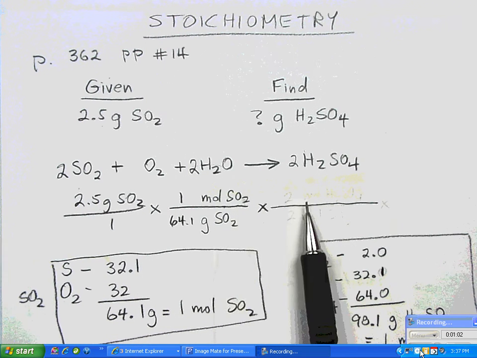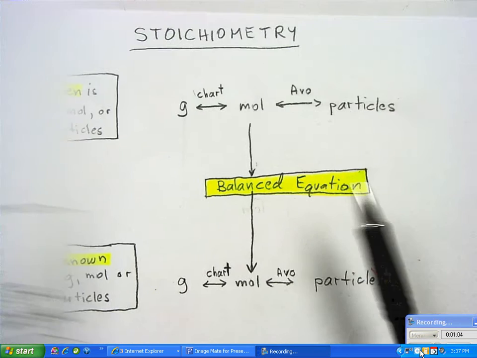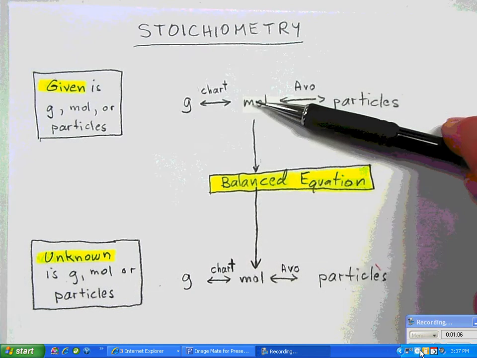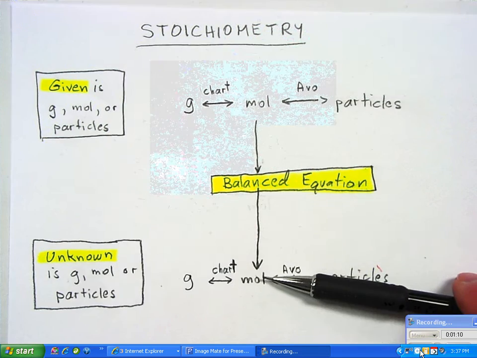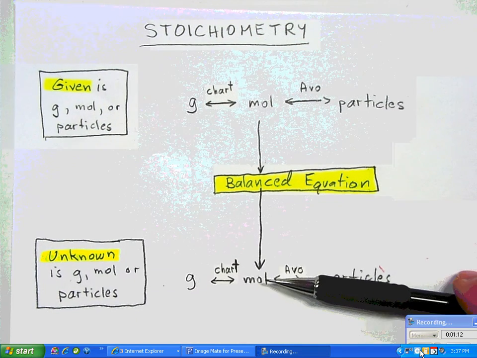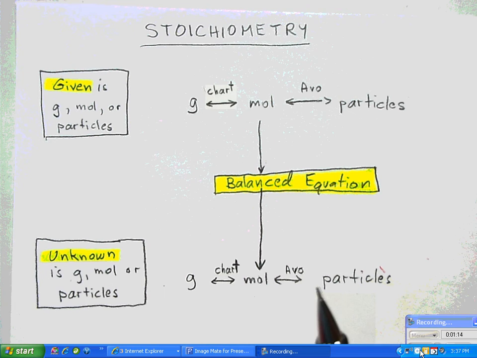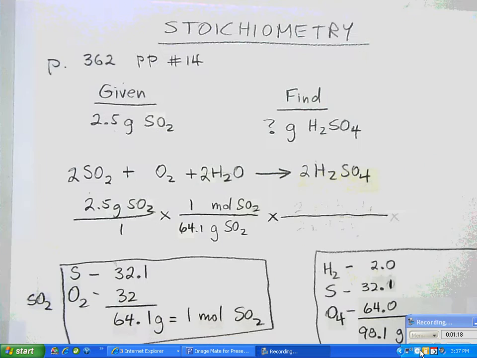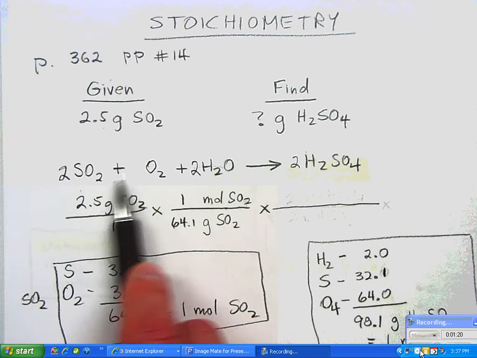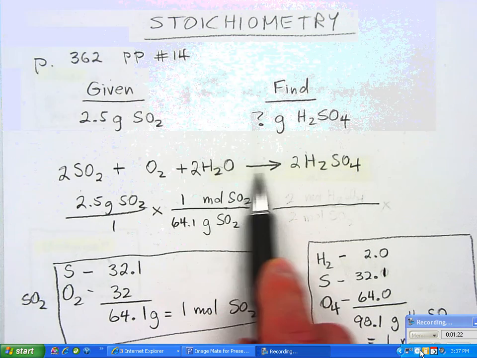Now we're going to tackle this one, which is where we actually do our stoichiometry, going from moles of the given to moles of the unknown or find. We always have to do that in any stoichiometry problem. And for that only, we use our coefficients in the balanced equation.